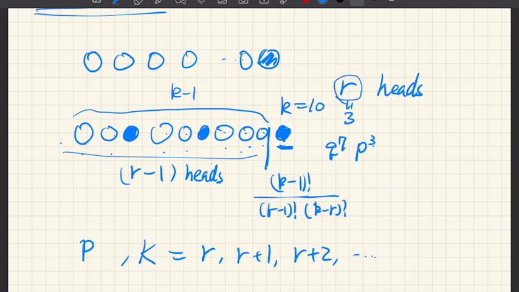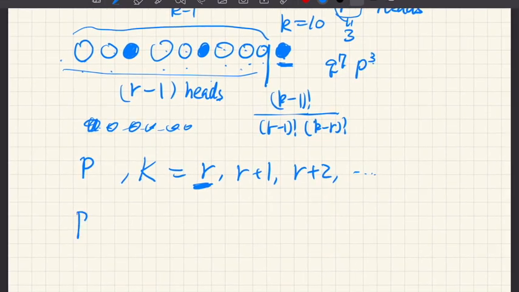So the minimum number of trials should be r. If we get only heads, r times, then we are done, right? So that's the minimum. And the maximum can be infinity.